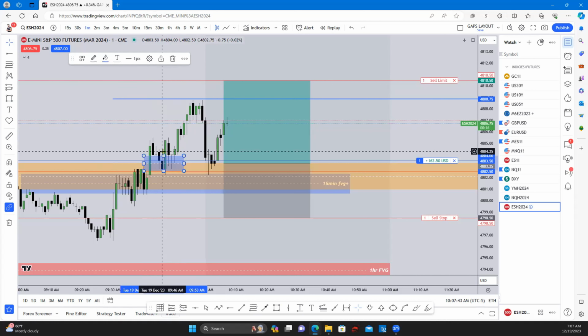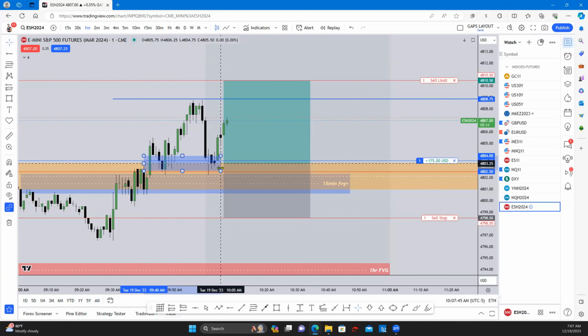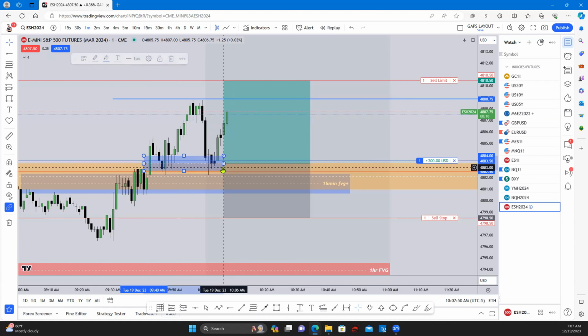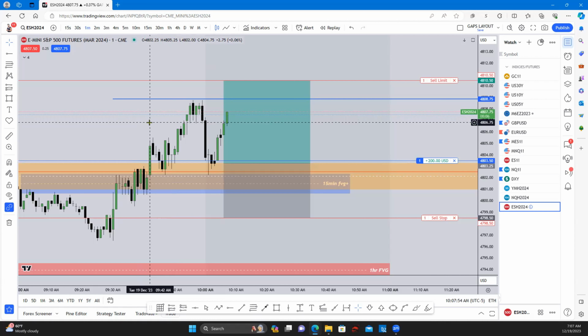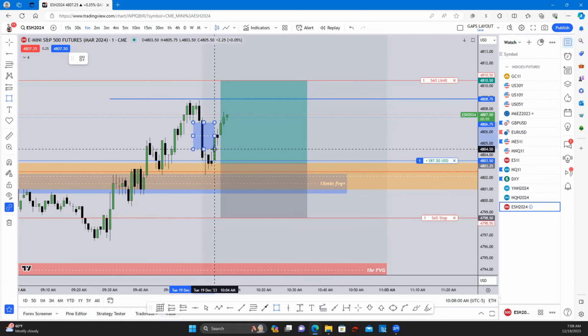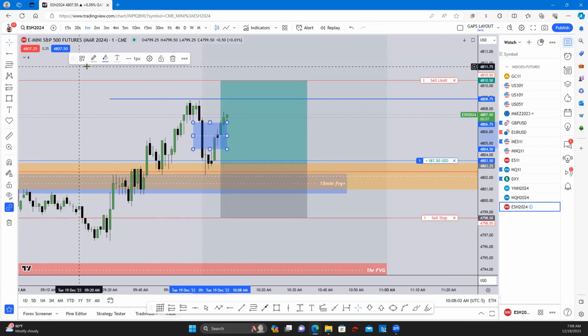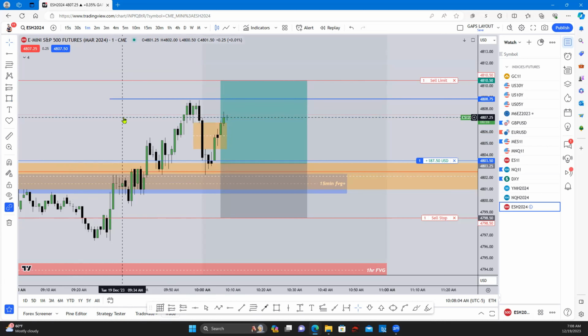Can you kind of see, pull it across, respected it there. So that's a good sign. This we could use as an inverse fair value gap.